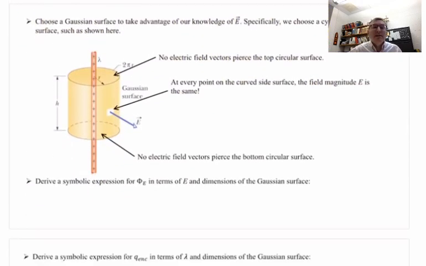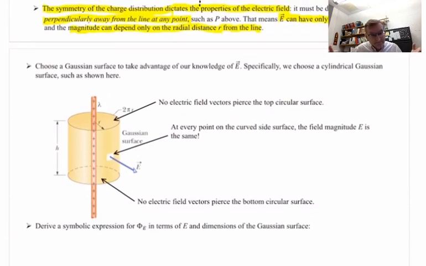How about we choose a Gaussian surface shaped like a cylinder that surrounds the line of charge? We're going to choose a cylindrical Gaussian surface of radius little r, right there, and height, some distance we'll call h.